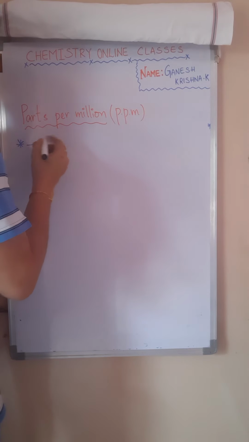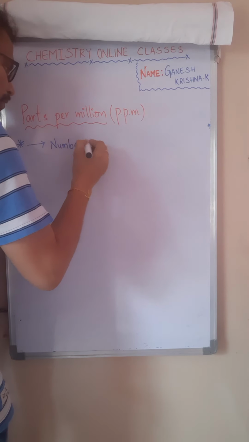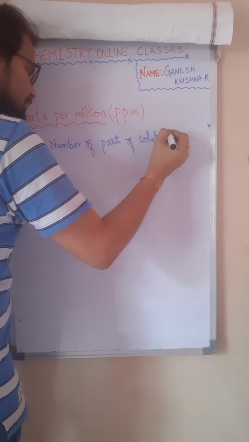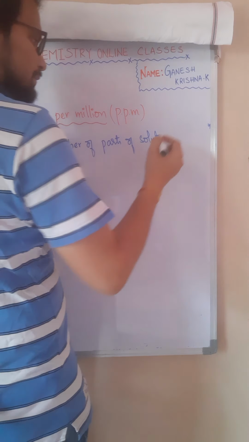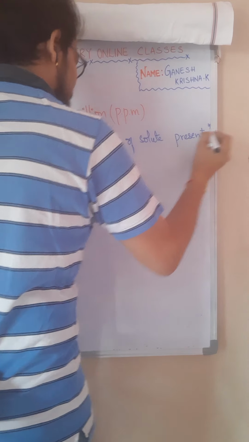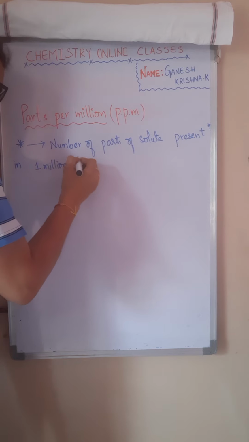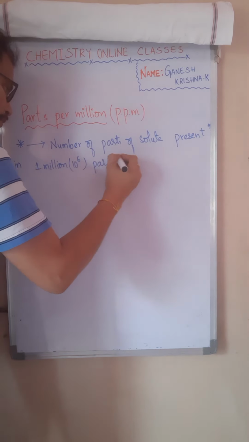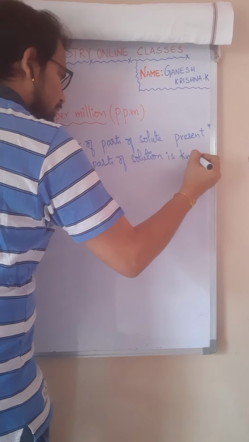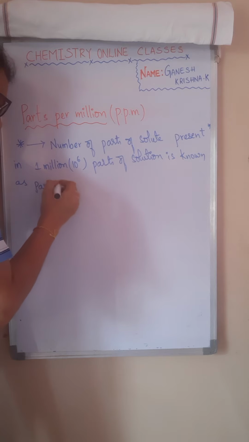Parts per million is defined as the number of parts of solute, nothing but solute measured in grams or milliliters, present in 1 million, 1 million means 10 to the power 6, parts of solution, is known as parts per million.